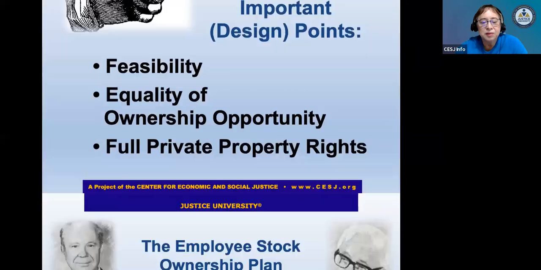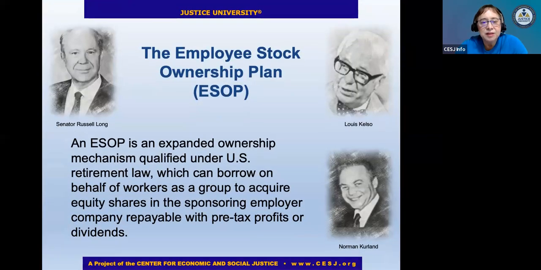As I said, the employee stock ownership plan is now recognized under the law as an expanded ownership vehicle qualified under U.S. retirement law, which can borrow on behalf of workers as a group to acquire equity shares in the sponsoring employer company, which are repayable with pre-tax profits or dividends.